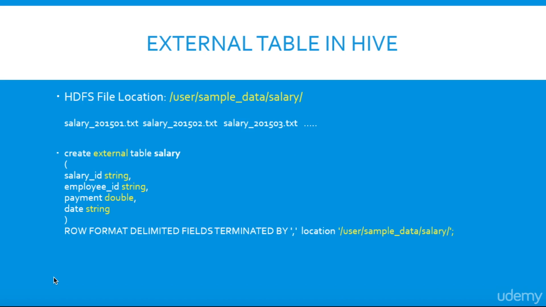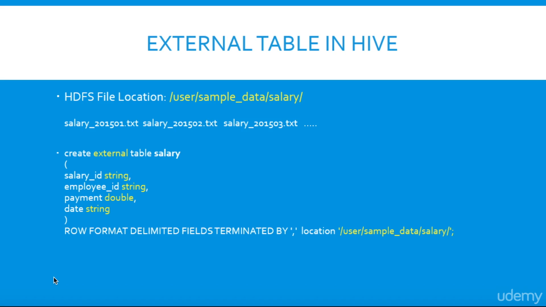External table. When you create an external table in Hive, you have to specify the location of file in HDFS. In this example, I have some files sitting in HDFS and I'm trying to read these files using tables in Hive. You can see the table definition here. I am specifying each column's data type, also how fields are separated in the files.